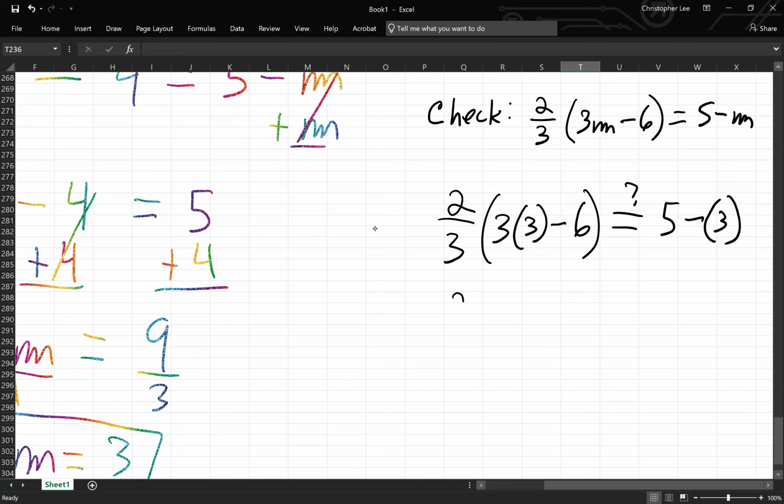Very good, right? So I got 2 over 3 times 3, 9 minus 6. And I want to know, does that equal 5 minus 3? I'm not sure. What should I do next? Before that, remember parentheses.